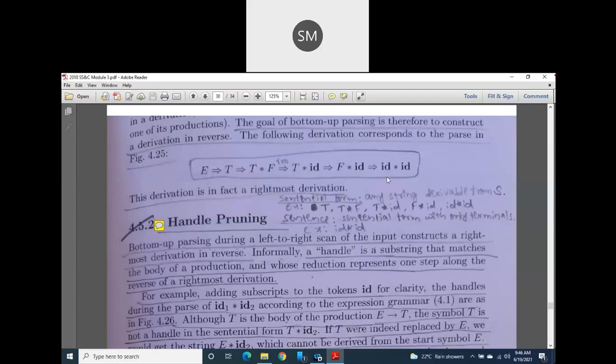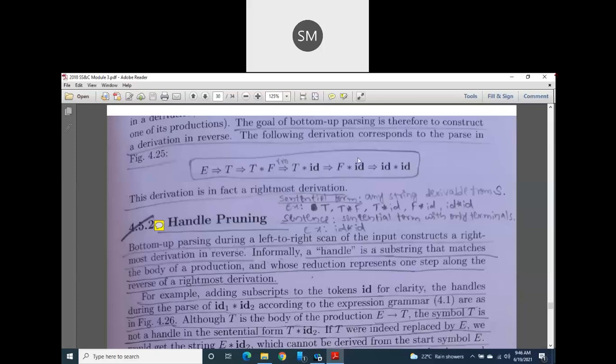If you observe this derivation sequence in reverse order, then you will understand that I have performed rightmost derivation. Say your given input is id star id.